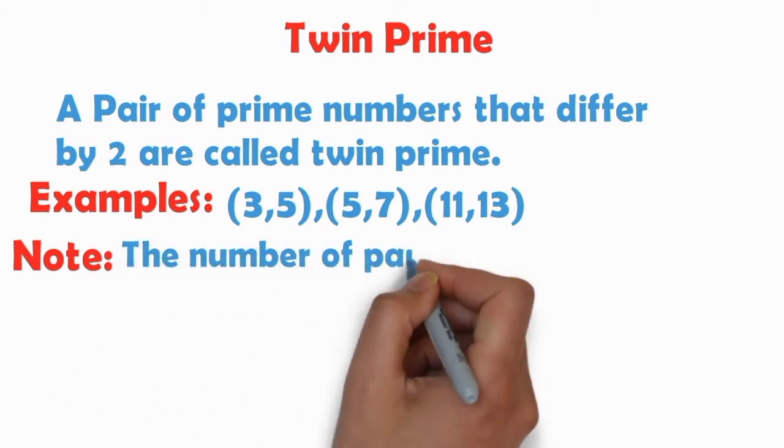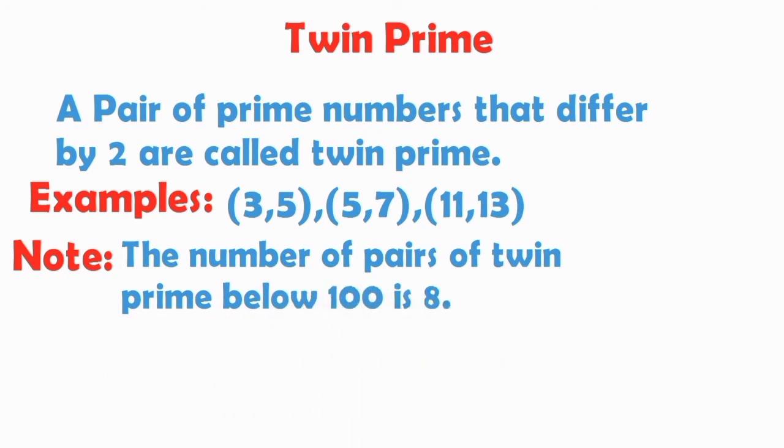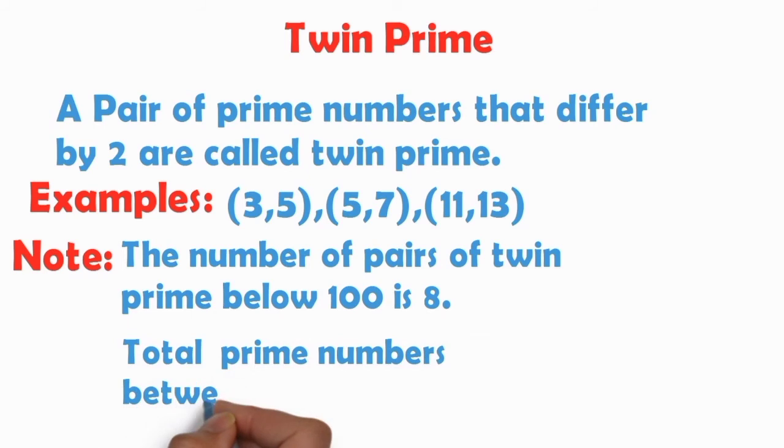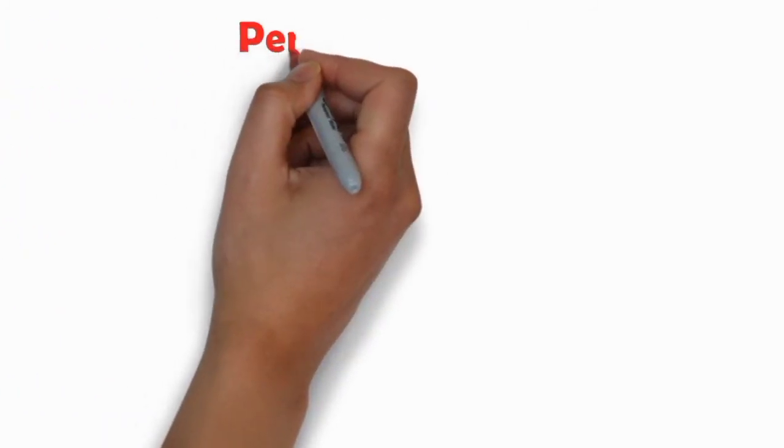The number of pairs of twin primes below 100 is 8. The total number of prime numbers between 100 and 200 is 21.